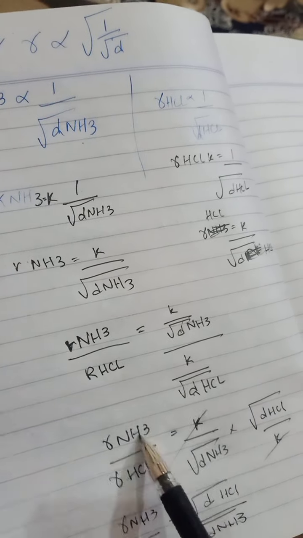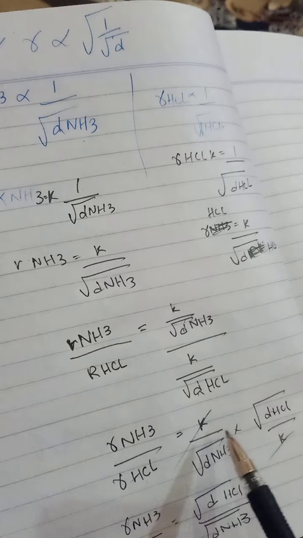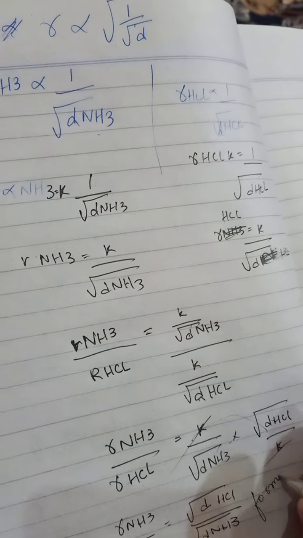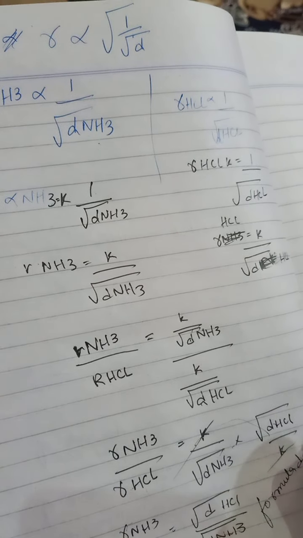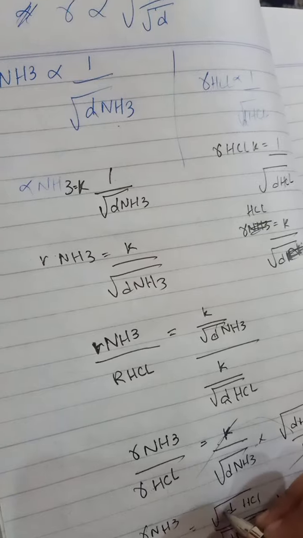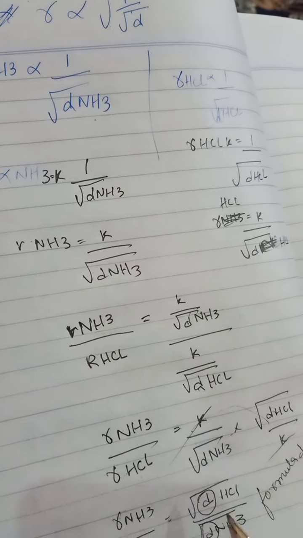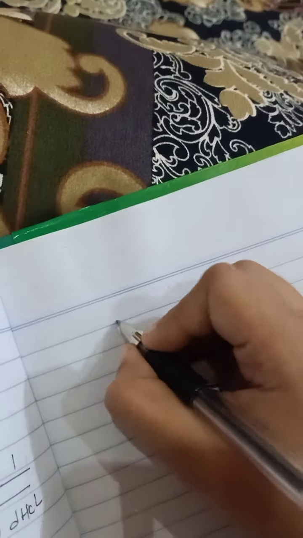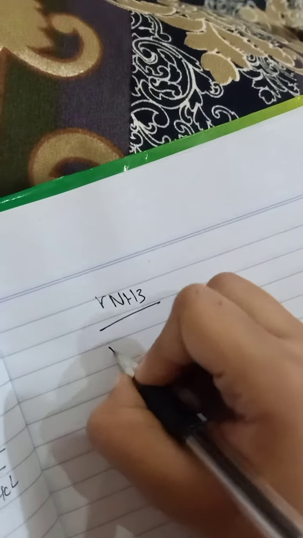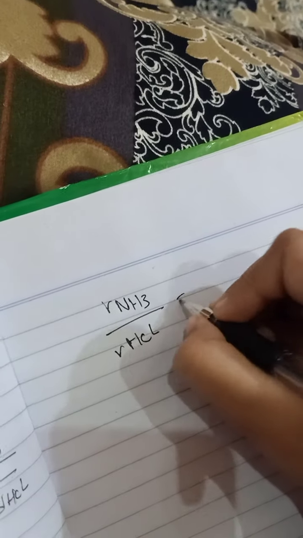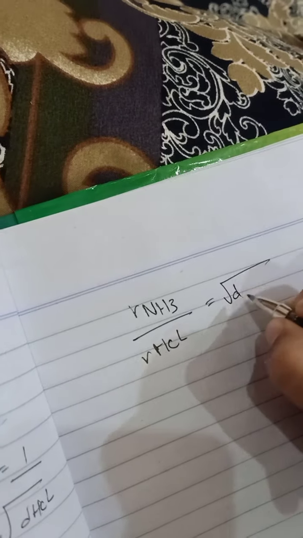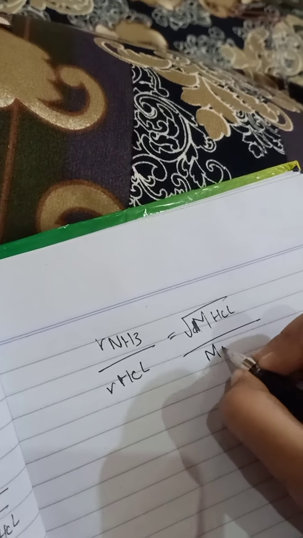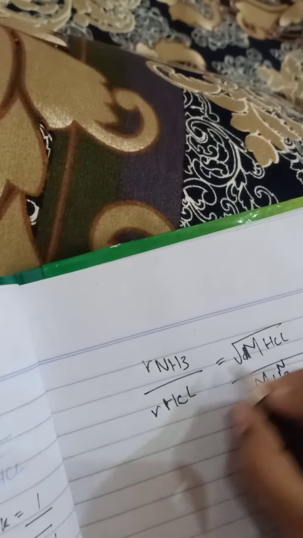Here you can see this is the formula of density. For mass, the equation will be the same, but in place of density we put the mass of hydrogen chloride and the mass of NH3.